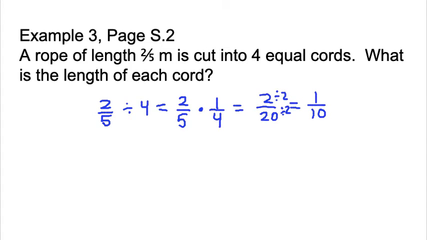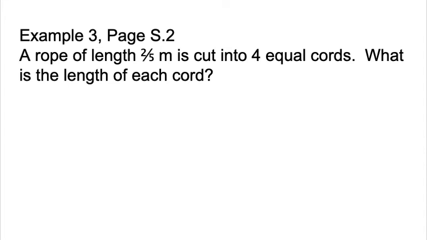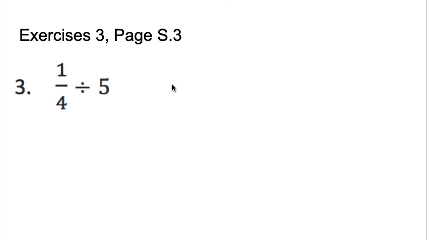Now some of these don't give you a story problem. Some of these are just going to have you work it out. So that's what this one is. And you're just going to write the equivalent problem. So this is equal to 1/4 times the reciprocal of 5, which is 1/5.